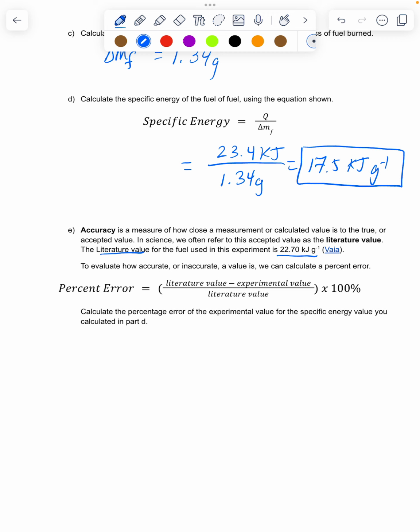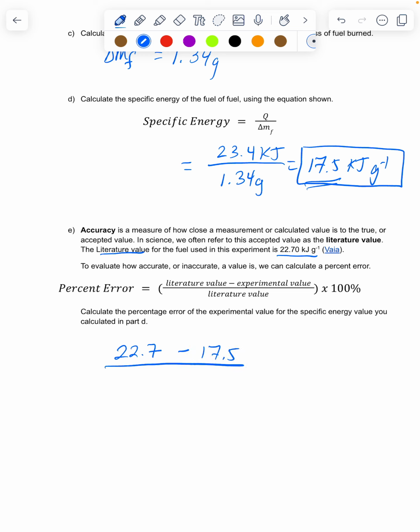And so the literature value for this fuel, the specific energy, was 22.7 kilojoules per gram. So if I want to quantify how far off I was with my 17.5, I'm going to use this equation for percent error. So the literature value was 22.7 and my value was 17.5.